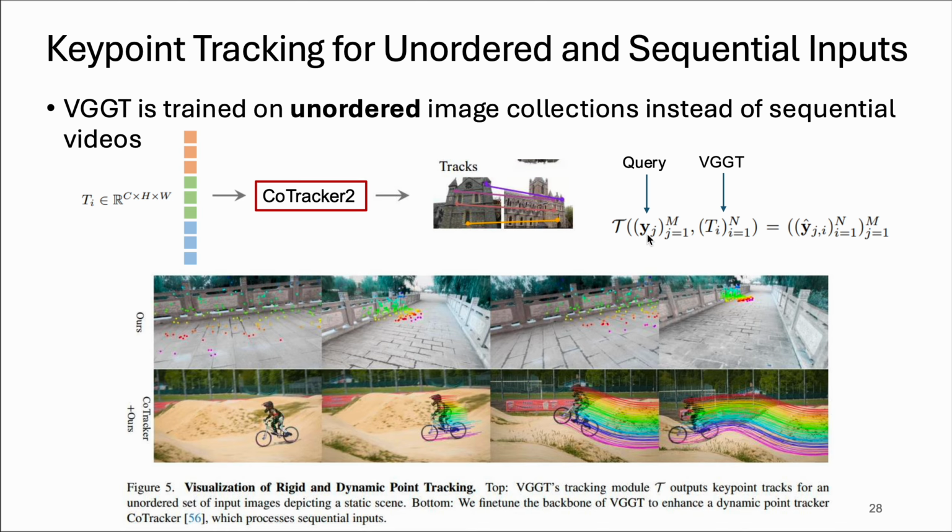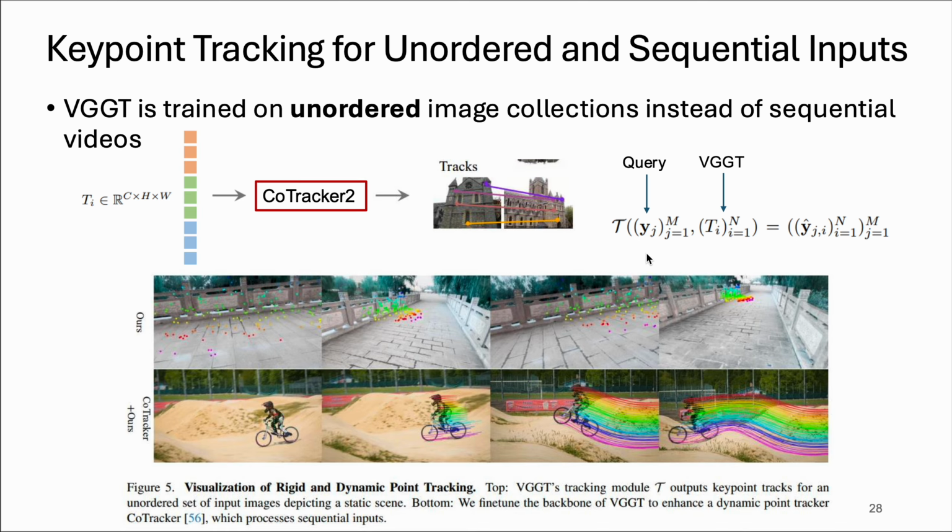The query point can be a floating point. Given the floating point, linear interpolation can be performed to get its embedding, a patch embedding, from this grid of patch tokens, the image tokens.